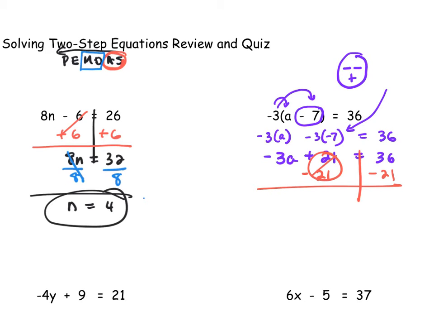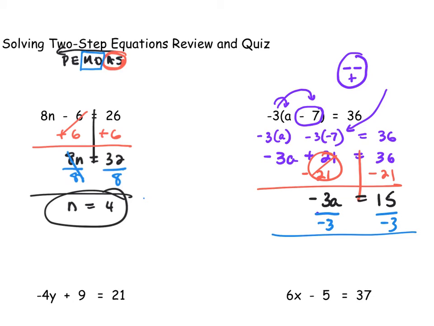So what's left over is negative 3a, and on this side we have 15. Next, we want to undo the coefficient. Since side by side means multiply, we're going to do the opposite. We are going to divide by negative 3 on both sides.